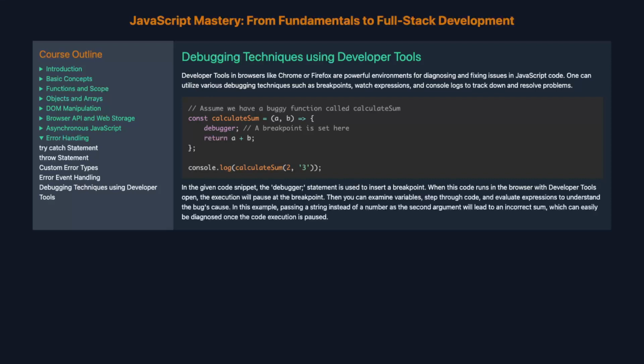When this code runs in the browser with developer tools open, the execution will pause at the breakpoint. Then you can examine variables, step through code, and evaluate expressions to understand the bug's cause. In this example, passing a string instead of a number as the second argument will lead to an incorrect sum, which can easily be diagnosed once the code execution is paused.